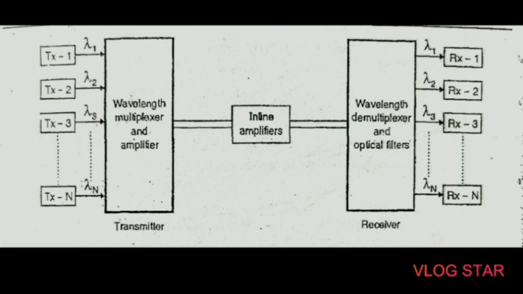The spacing between the channels is just to have a margin to accommodate changes in optical sources like aging or temperature effects. The spacing is specified by the ITU standard, that is the International Telecommunication Union, for example ITU G.692, which gives a spacing of 100 GHz, that is 0.8 nanometer at 1552 nanometer.